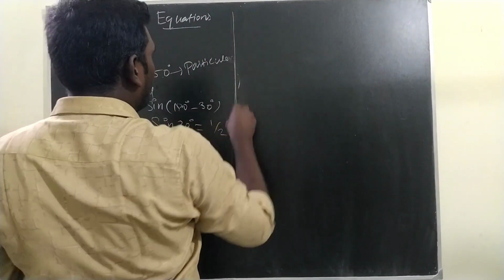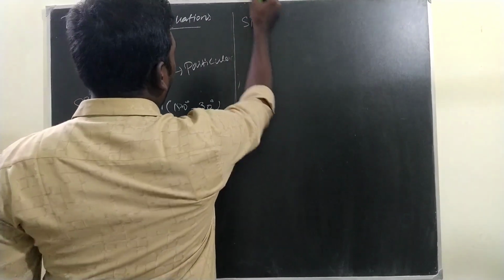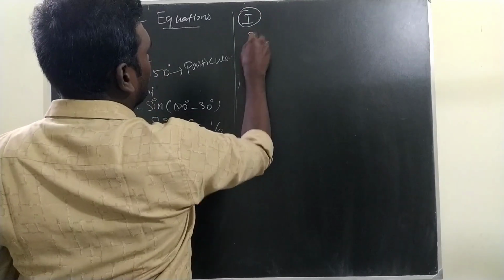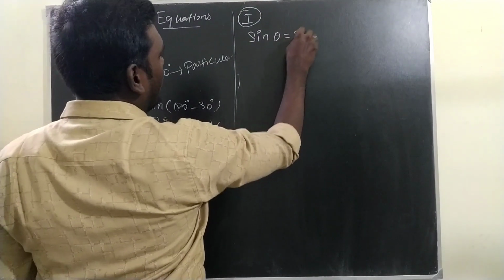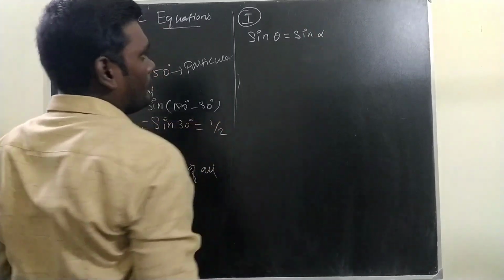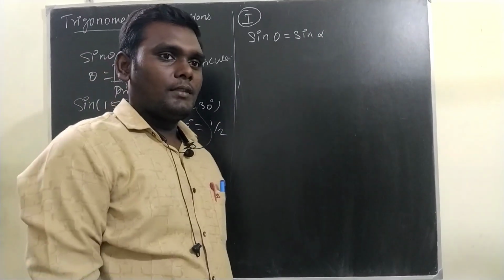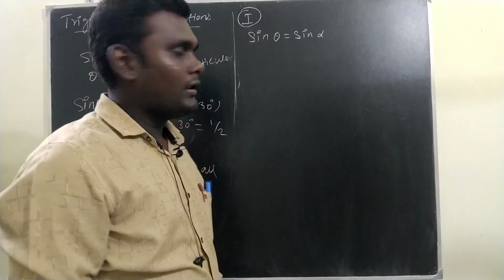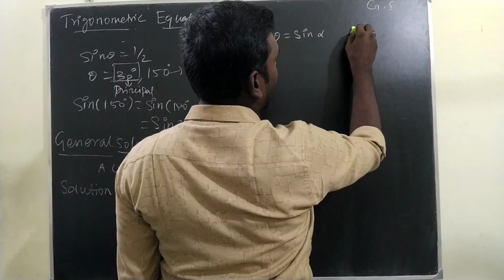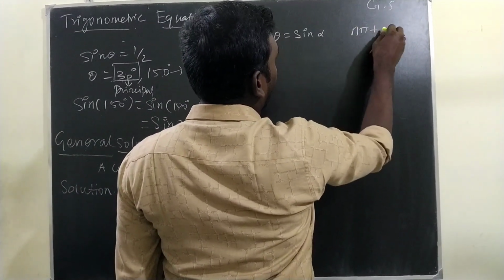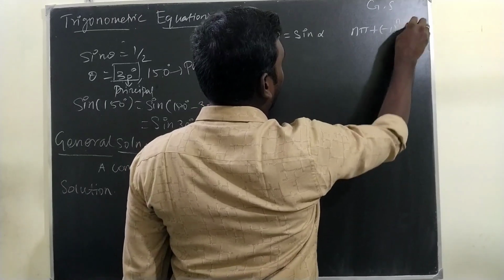See, the first set is, if we have sin theta equals sin alpha, then the general solution is theta equals n pi plus minus 1 power n alpha.